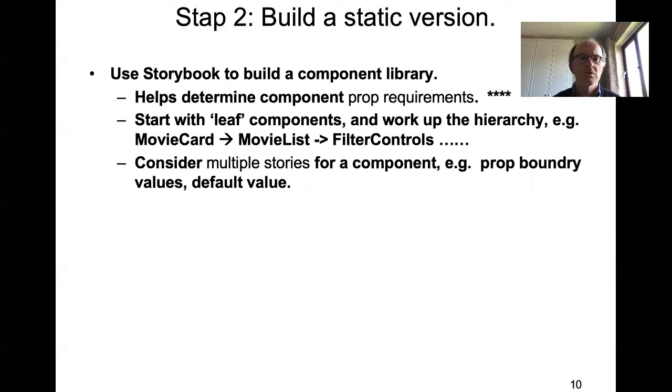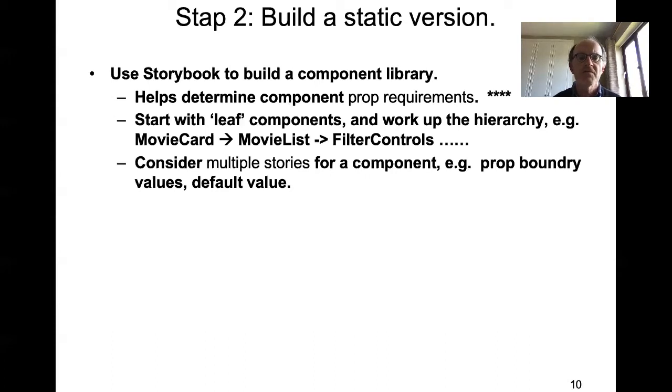So what I would suggest is that you take what I'm calling the leaf components. They're the ones at the bottom of your hierarchy. Take those components, because you know what each of the components should render.